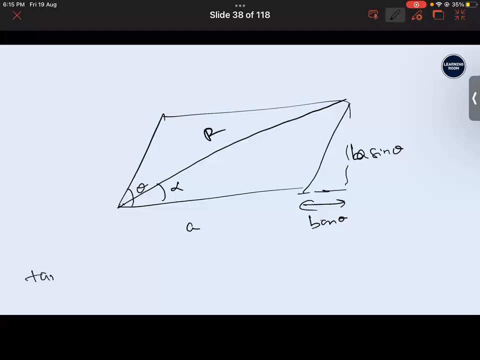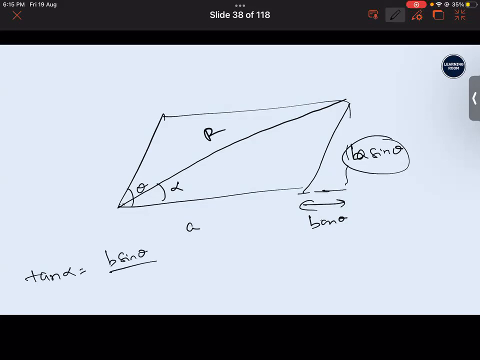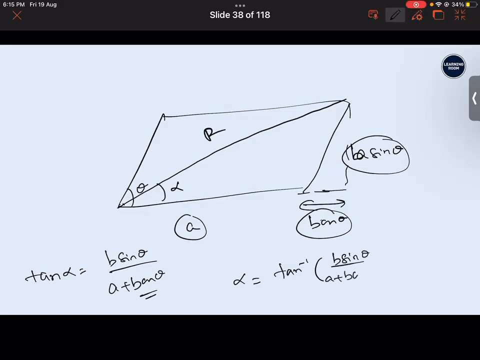So what is tan alpha equal to? b sin theta divided by a plus b cos theta. So alpha will be equal to tan inverse of b sin theta divided by a plus b cos theta. This is the direction.